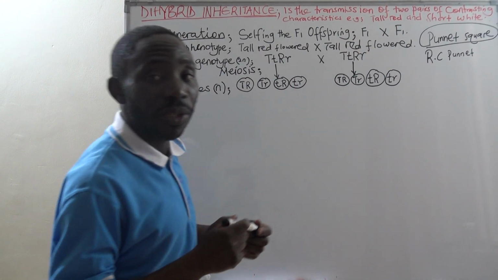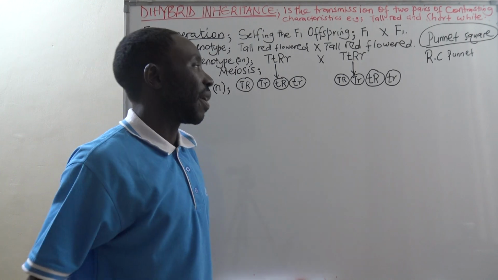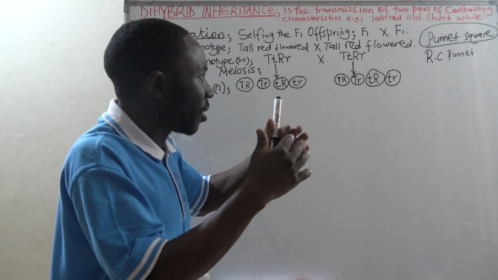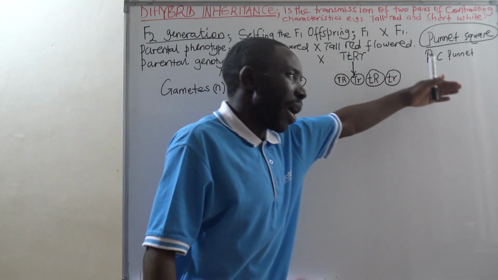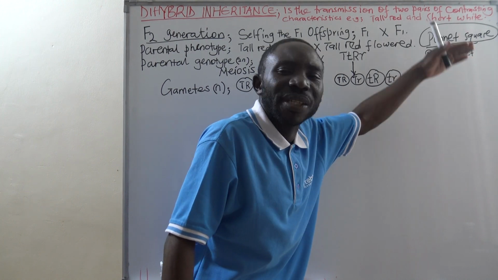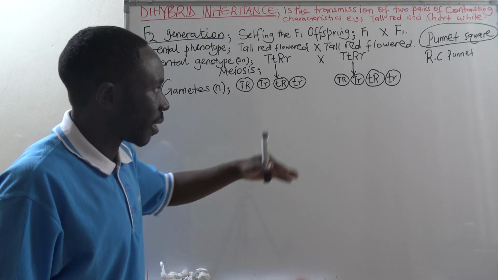A Punnet square is a grid with vertical squares and then horizontal squares. That's what we call a Punnet square. R.C. Punnet, of course, was based at Cambridge University. That is where he did that work.